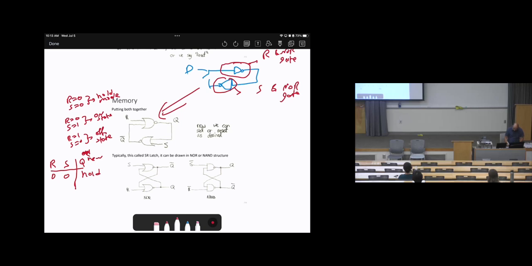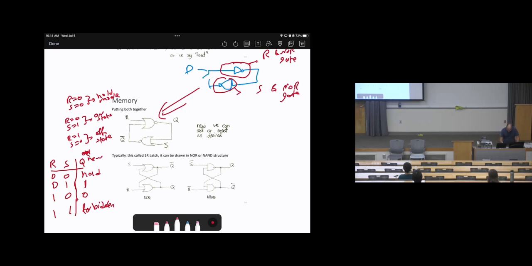If R equals 0, S equals 1, then the output will be 1. If R equals 1, S equals 0, the output will be 0. How about if S equals 1, R equals 1? This is forbidden. It seems that I need to store 1 and store 0 at the same time, which is inconvenient. So this is a forbidden state that we want to avoid.